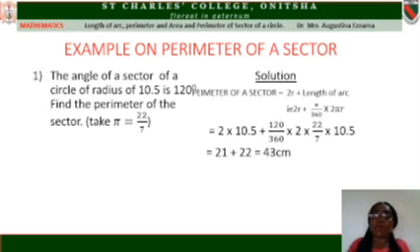When you use 2 to multiply 10.5, you get 21. Then the other one is 22. And when you add 21 plus 22, you get 43 cm. Cm is the unit. Remember, if you don't write the unit, you are wrong.